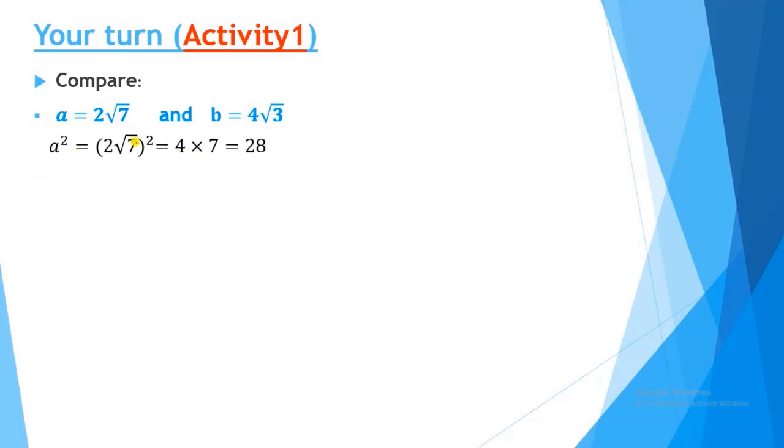First of all, in order to compare these numbers, I will square the first. A squared, (2 radical 7) squared, gives 2 squared, 4, times radical 7 squared, 7, and the result is 28. B squared, I will square the second. B squared, (4 radical 3) squared, equals 4 squared times radical 3 squared. 4 squared gives 16 times radical 3 squared gives 3.